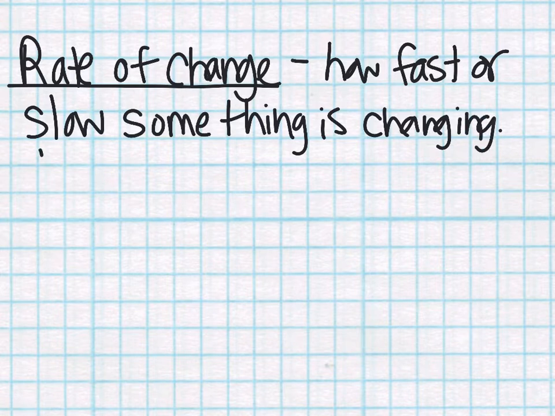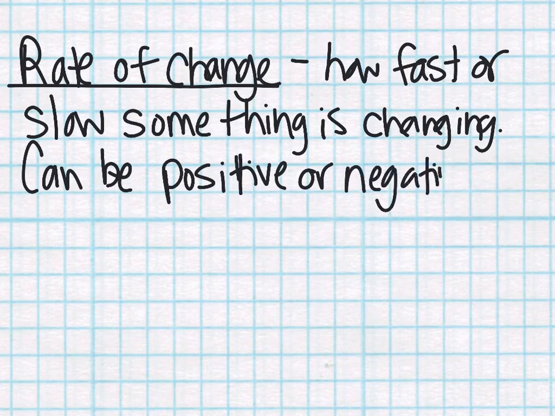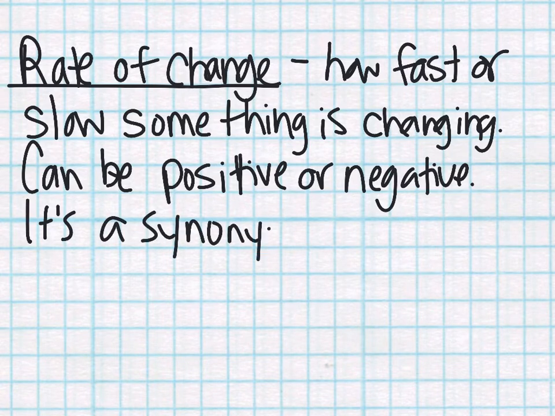It can be positive or negative. So we said initial value was a synonym for something we've already talked about. Well, rate of change is also a synonym. It's a synonym for, well, we already did y-intercept, so it has to be a synonym for slope.